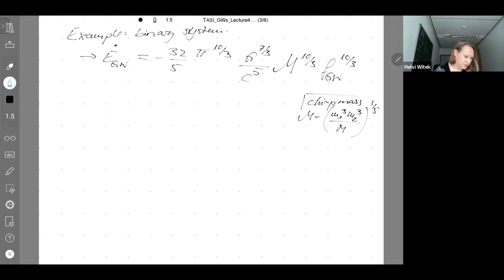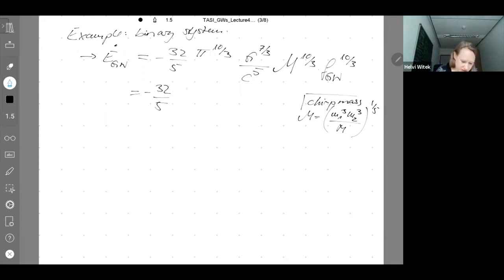Okay. Now I want to give you one more formula that I think is also quite neat, and I tend to use quite a bit, especially in outreach talks. Here you can also get a very nice scaling with your system if you rewrite your chirp mass in terms of what we call the symmetric mass ratio, and I will introduce what that is in a second.